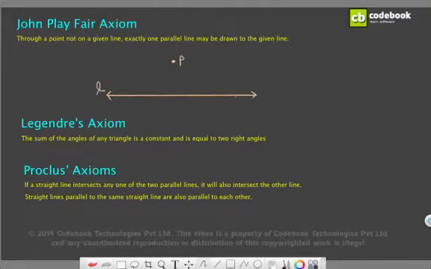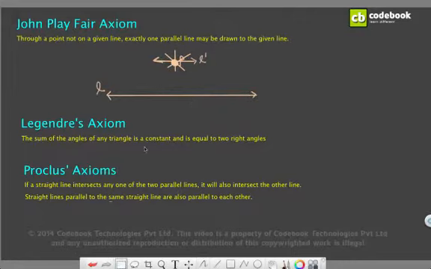Consider a line L and a point P which is not on the line L. Through P we can draw numerous lines, but there will be only one line through P that will be parallel to L. So in this case, the line L dash, as you see here, is the only line that is parallel to L. So that's John Playfair's axiom.